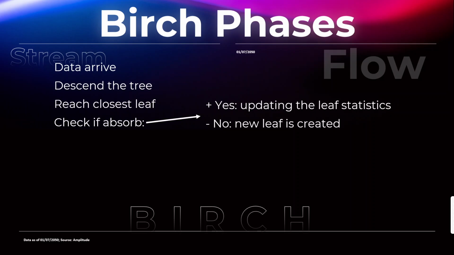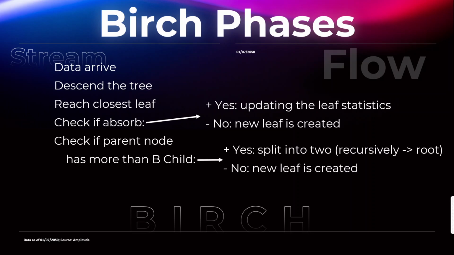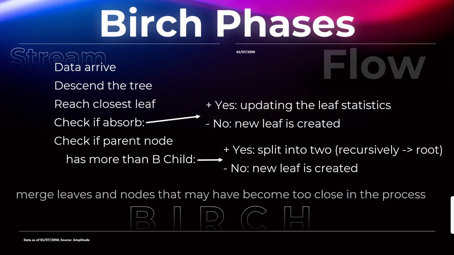If not, a new leaf will be created. And here, if the parent node has more than B children, we split it into two and we recursively go until we reach the root.